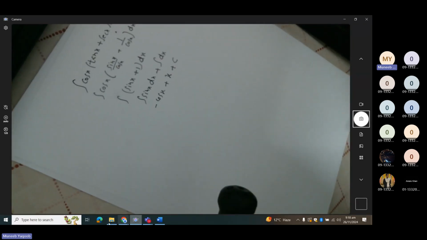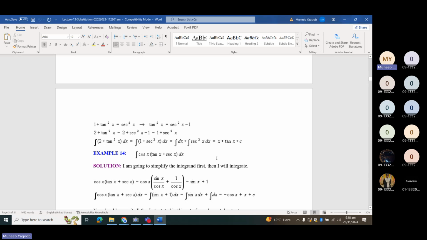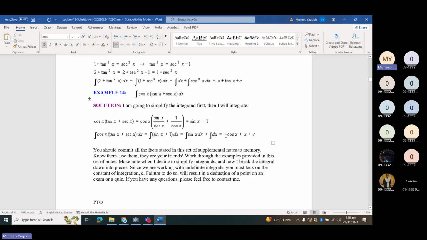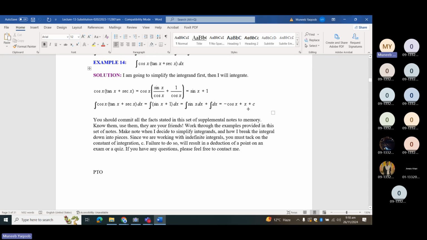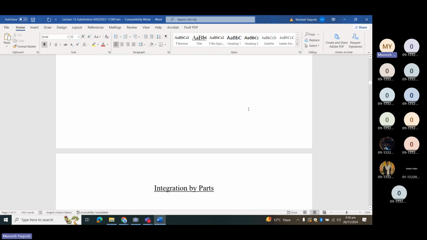So again, if we confirm our answer, it is correct. Okay. So here we solved some integrals for you, and we used some basic formulas that we already discussed before the midterm exam.